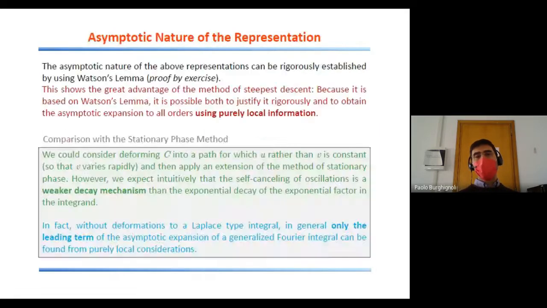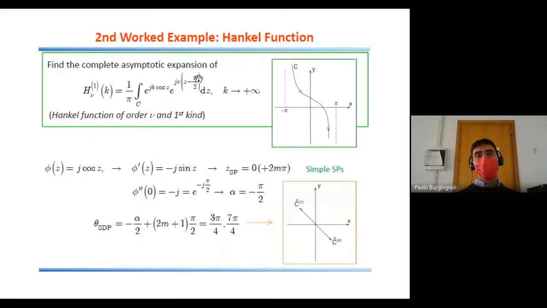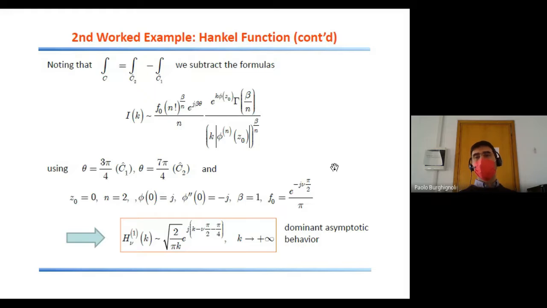And so in our example, we let beta equal to 1, and the constant f0 is just the function e to the j z minus nu pi over 2, including also the factor 1 over pi that was outside the integral. All these must be evaluated when z is equal to 0, because we are at the saddle point. This gives us 1 over pi times e to the minus j nu pi over 2, which is what is written here.